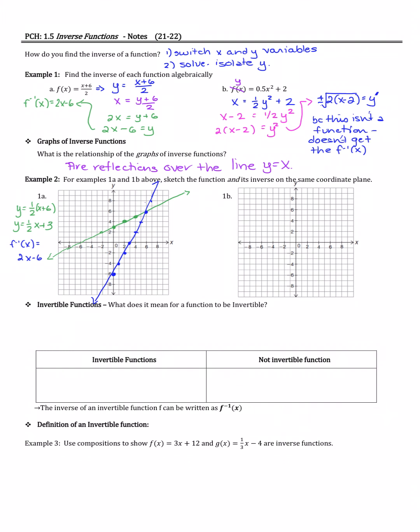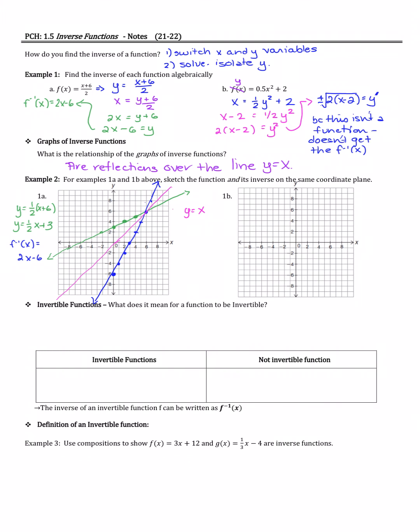I can't use a ruler on an iPad, it's kind of hard, but I'm now going to draw the line y equals x, so hopefully you can see that they are reflections over that line. So when you're trying to find an inverse and you don't have the function, you can just switch the x, y coordinates, and that is another way to graph an inverse function.